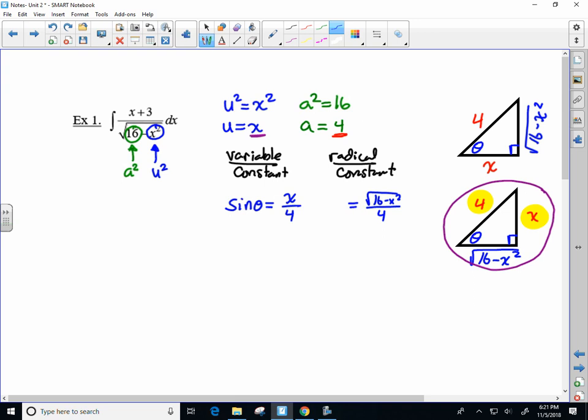That's the adjacent side over the hypotenuse, which is cosine. So we let these two ratios, variable over constant, radical over constant, drive what the actual ratios are algebraically, and also what they correspond to trigonometrically. All right. So now I have to do something with this, and that something is substitution.